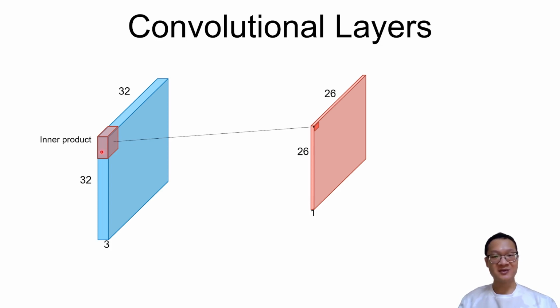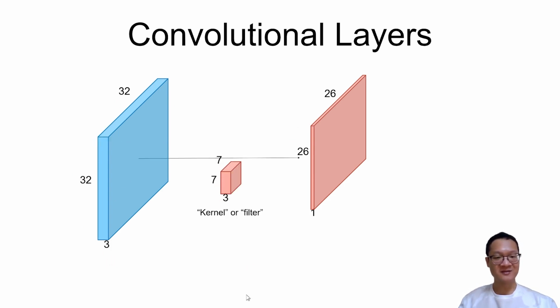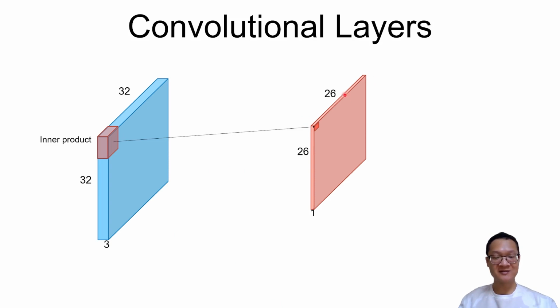The result will be a single number that is going to be stored in one of the elements in the next layer. So because our input image is 32 by 32, and our filter is 7 by 7, we can see that the resulting dimension here is going to be 26 by 26, because we can only slide along this image 26 times in each dimension.